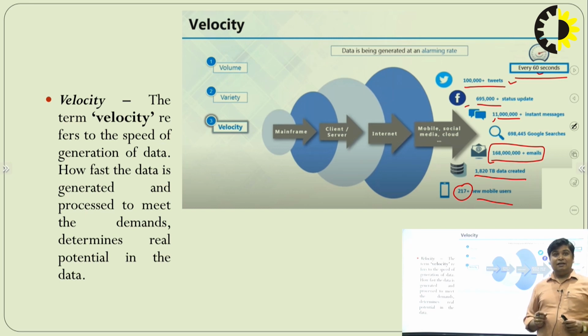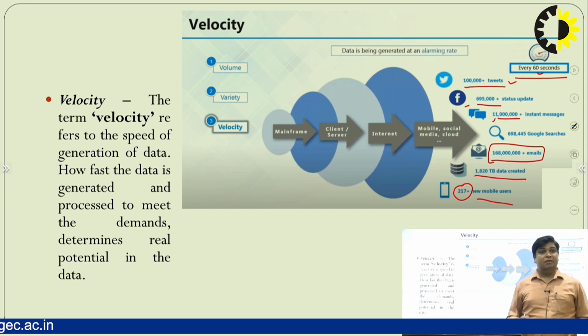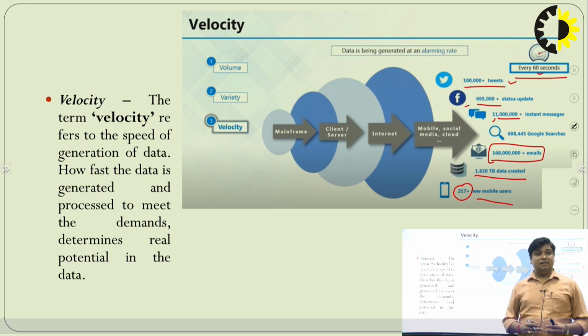So, within a second, not even 60 seconds, we are talking about now only a second, you can see different sources generating different types of data. It may be structured, unstructured, or semi structured within a few seconds. The question is, for database engineers or data scientists, how can we analyze this data?